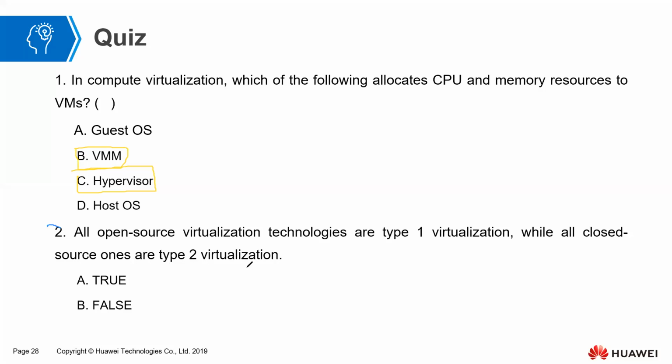No, it's not the opposite, because for Huawei FusionSphere, it can either be type 1 or type 2. And we already know that we have open source virtualization technologies which are not type 1. True or false? Like KVM. True. KVM is open source, but it is not type 1. So already the entire statement is false.